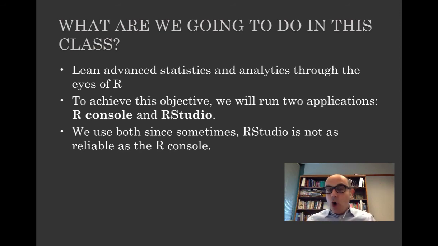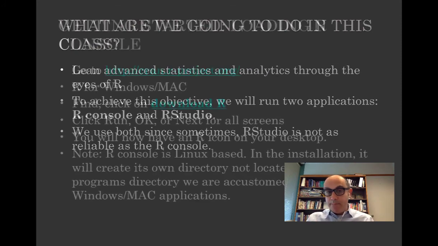We also need to talk about two options for how to run R. There is the R console and RStudio. The R console is the first application that was open. RStudio is the latest development in the R community, and it gives you both the console and the ability to work on the web.